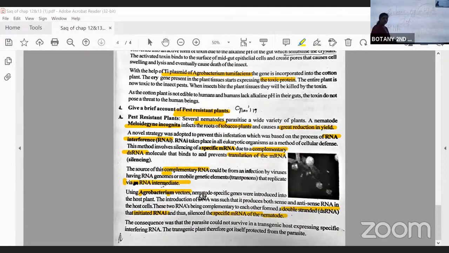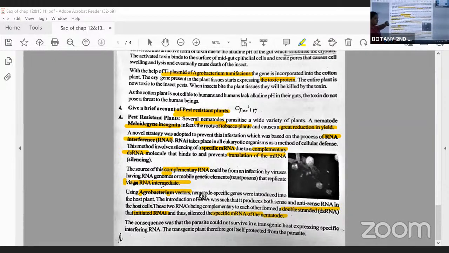So the infections cannot spread in the host plant, that is, the tobacco plant. Like that, we can save the plant's life as well as increase the yield of the plant. So this is what we have to write over here. That's what we need.